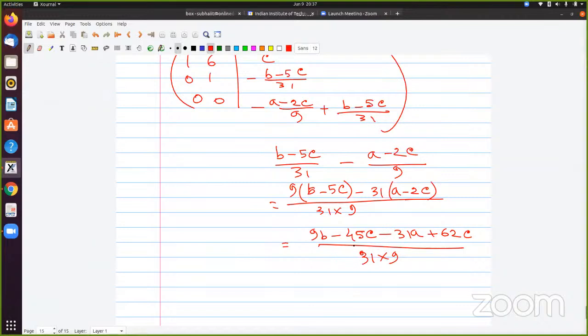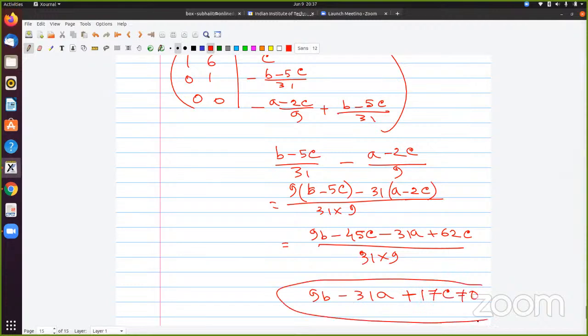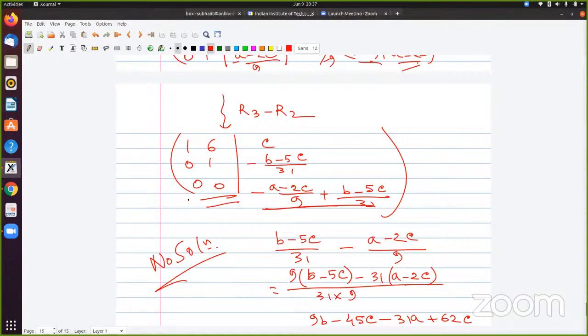Now if this condition, 9b minus 31a plus 17c, is not satisfied to be 0, then the right-hand side has a non-zero element, but here it is 0, so it has no solution, correct? Yes. Who was asking that question? I was. So Ravi, it is giving no solution, not infinitely many solutions.